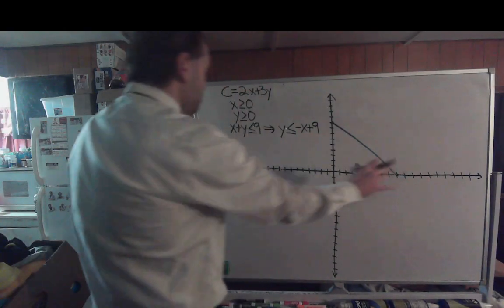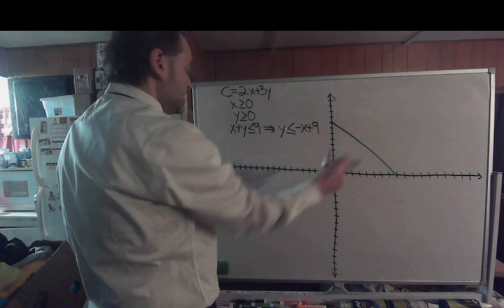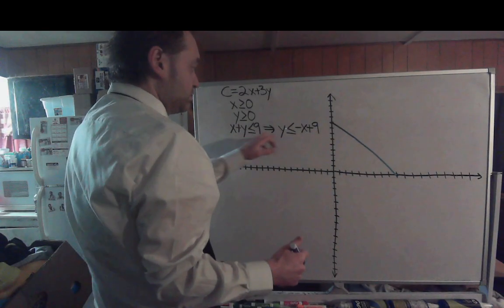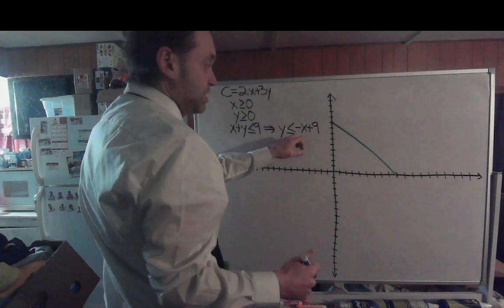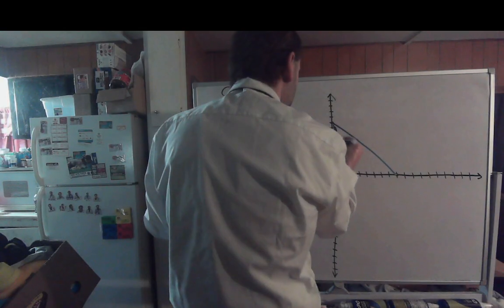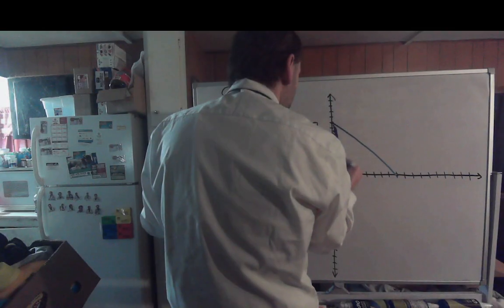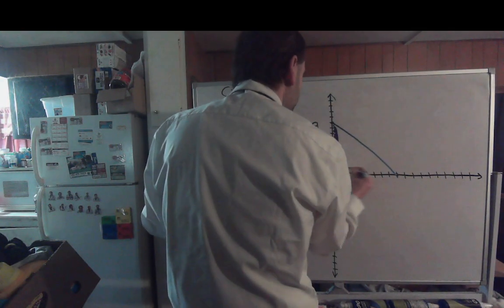Over here, y is greater than or equal to 0, that being the whole first quadrant. And then you'd have y is less than or equal to negative x plus 9. That'd be below the blue line. So basically, you're going to shade this entire region in here, bounded by the two axes underneath this line.